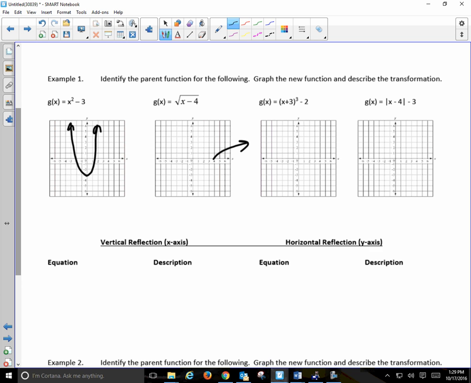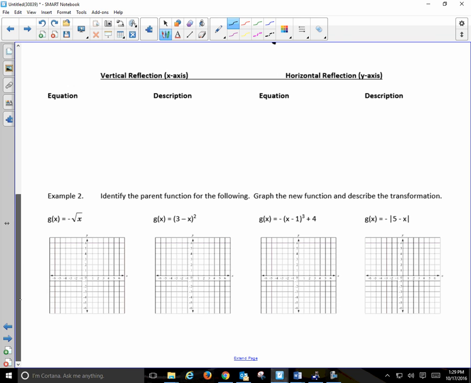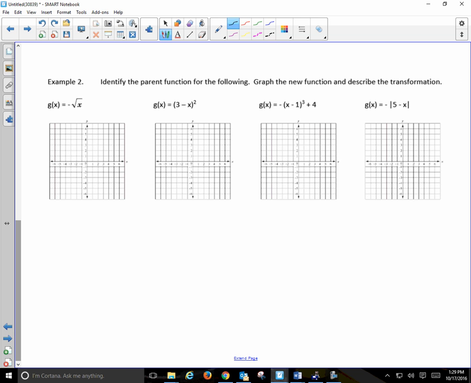What? Very good. Next one. Good. Whoa. Silly. Let's do the 4 on the bottom. Negative root of x. Uh-oh.